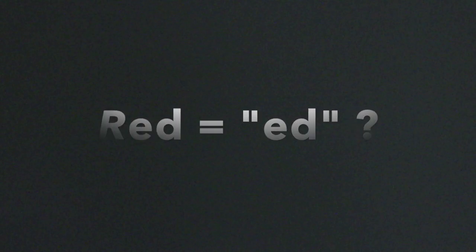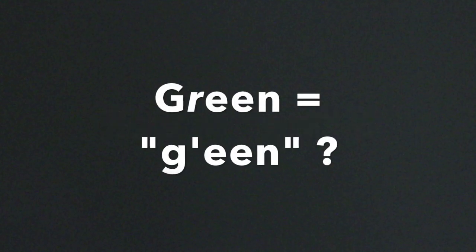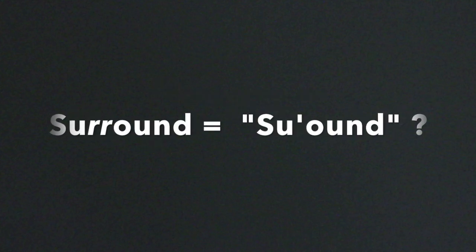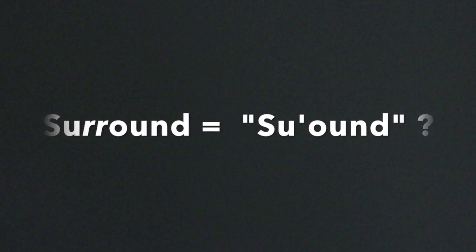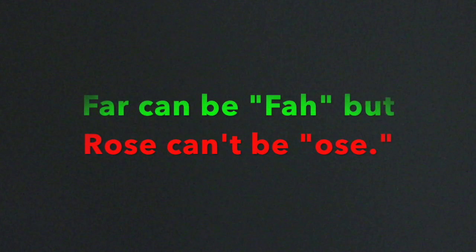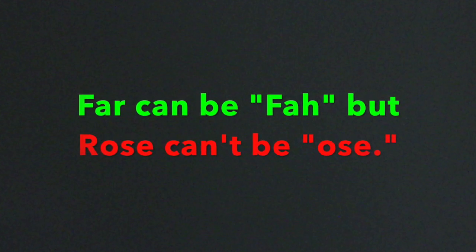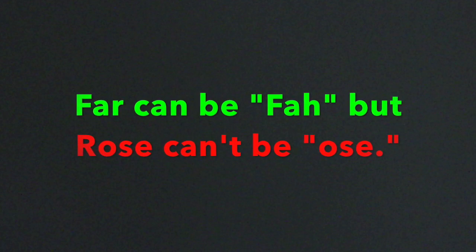Let's try saying some of these words without the R. Ed, geen, vei, surround. That doesn't work at all. So right away you see that there is a difference in R sounds. There are some that you can drop from a word and still understand the word, and there are others that you could never drop from the word.